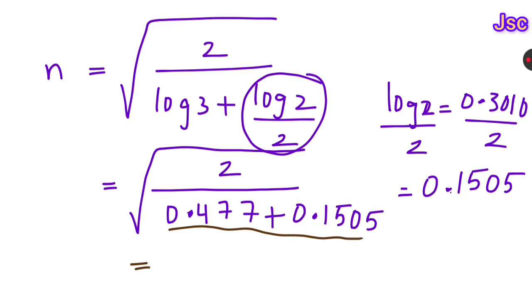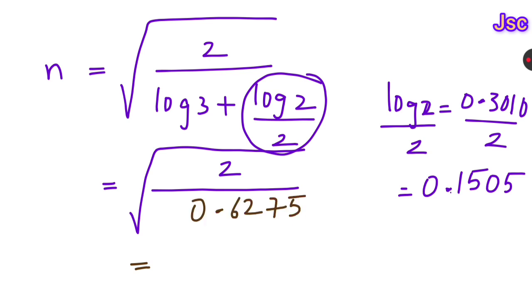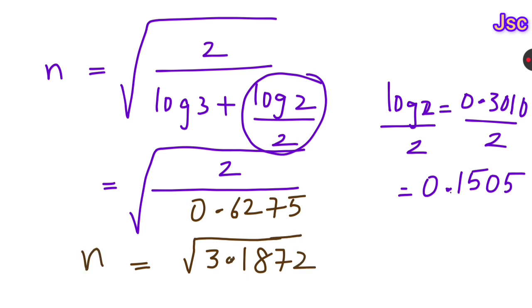After adding these two, 0.477 plus 0.1505, you will get 0.6275. If you do the division here, then you will get square root of 3.1872. Square root of 3.1872, the value is 1.7852. That's it.